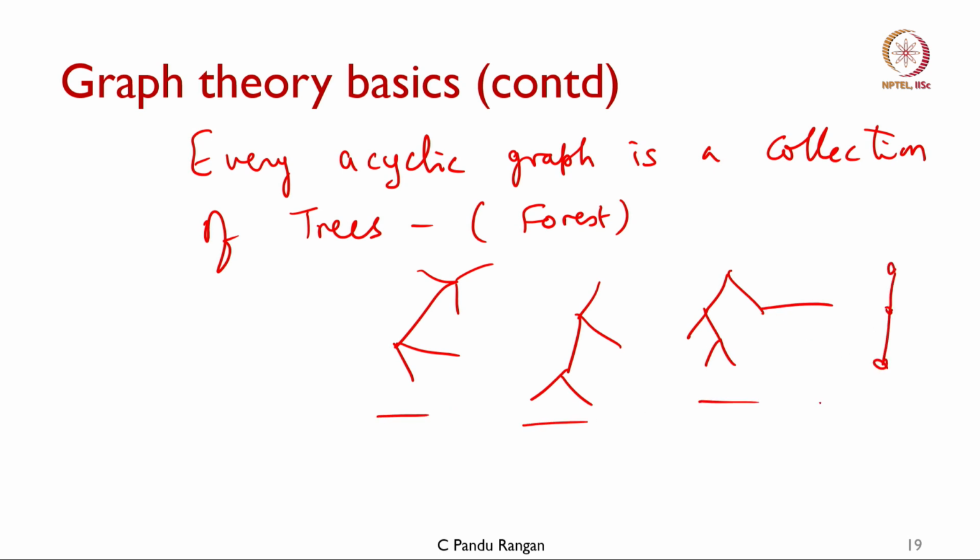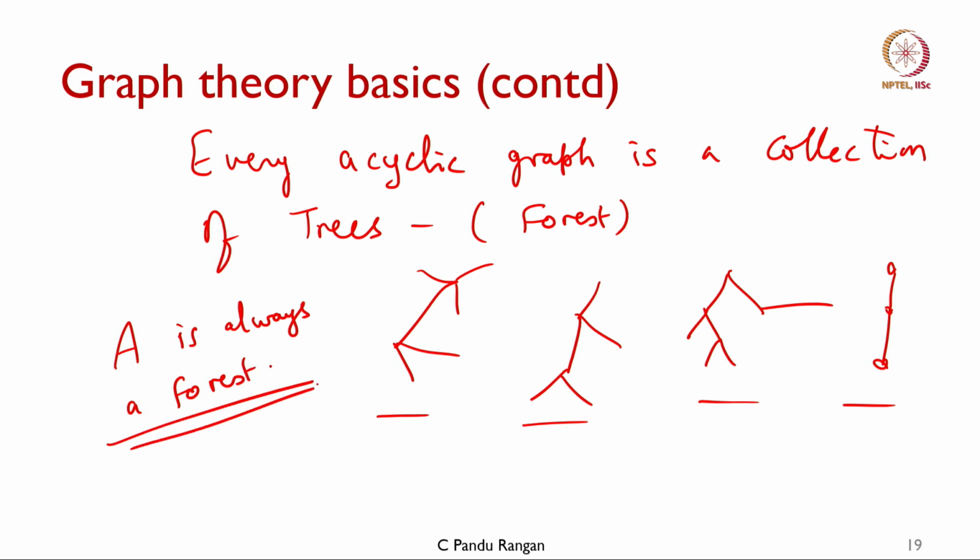So, each one will be a tree, it will be a collection of trees. Therefore, A is always a forest. Finally, A will become a tree. Until the final edge is added, A will have several components.